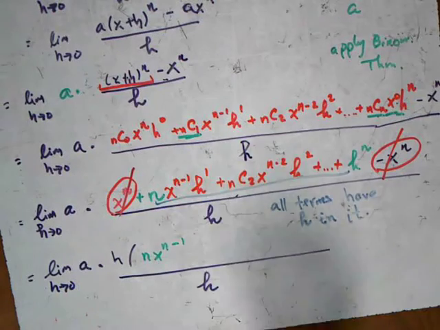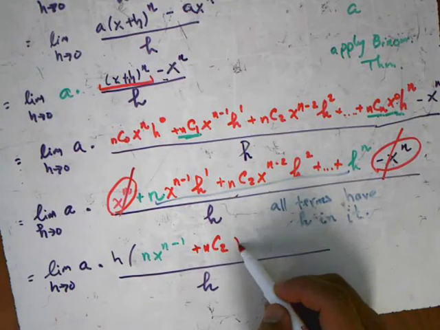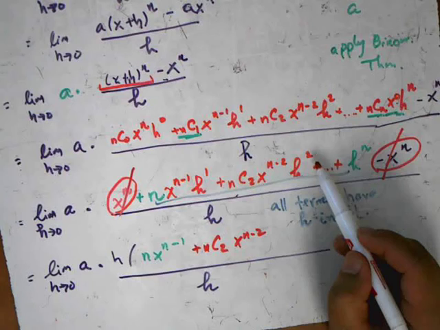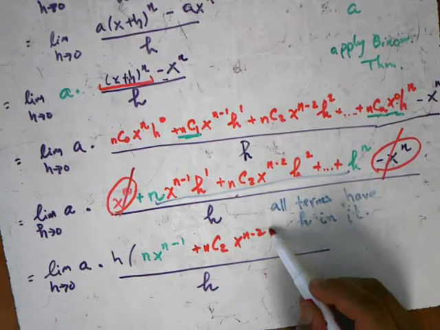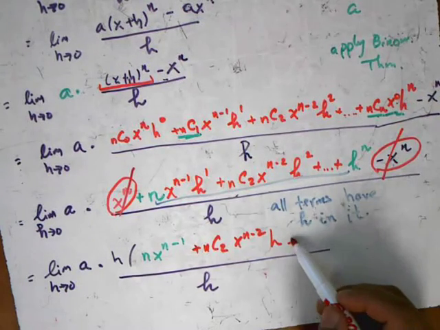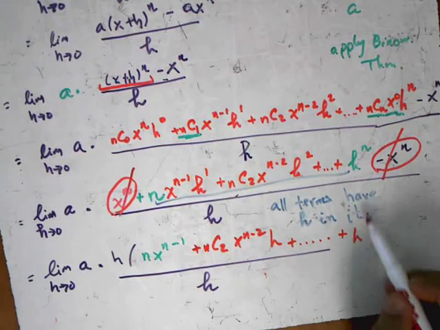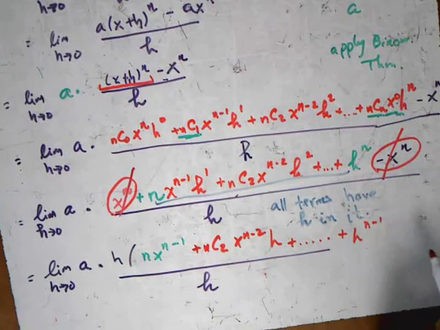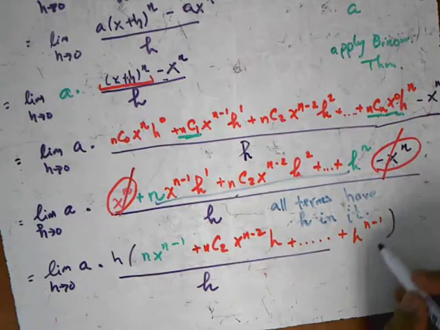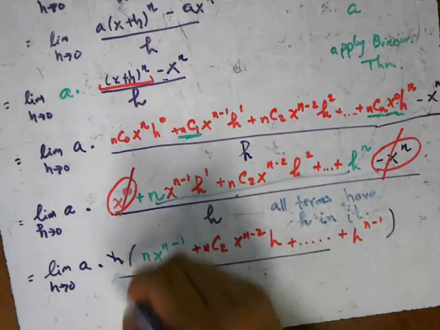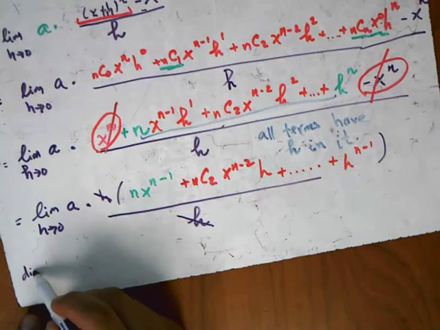This second term here is n choose 2, x to the n minus 2. Instead of h to the second, it's now h to the first. Every single one of these terms has an h in it, and then the last term is h to the n minus 1. So now this h is gone, that h is gone, they cancel. And now we can do direct substitution.